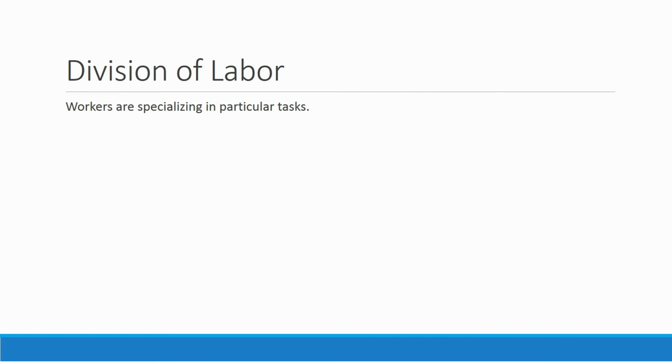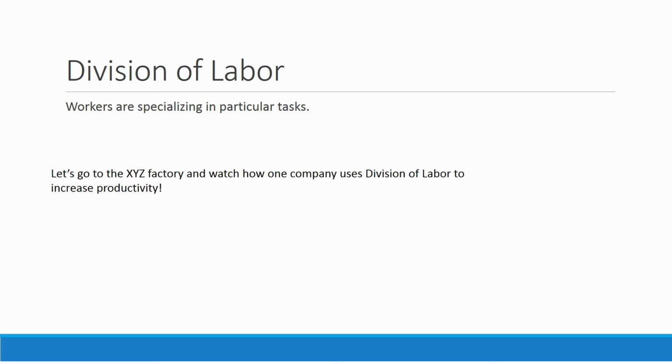Making more production within a firm is possible if the firm at the XYZ factory employs the division of labor. The division of labor is where workers are specializing in a particular task. Okay, let's go to the XYZ factory and watch how one company uses the division of labor to increase productivity.